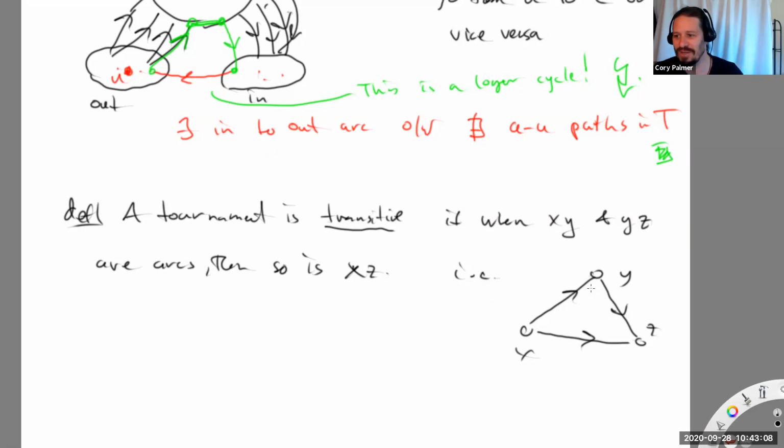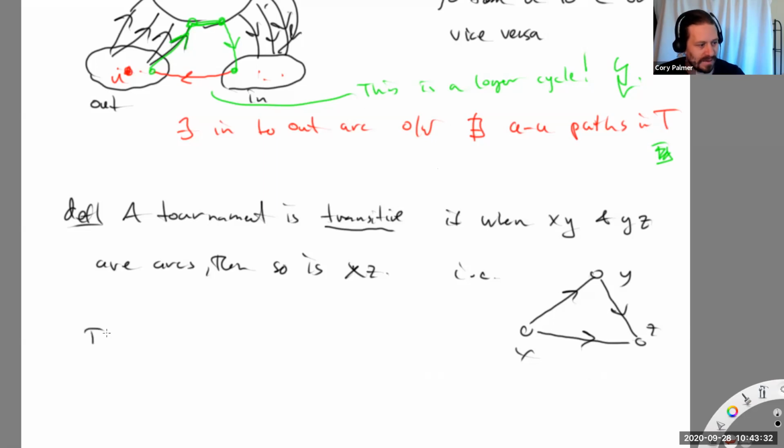But you have these situations that are undesirable. How do you say you're the champion if someone beat you and the someone who beat that guy, you beat? Then you have this circle, right? But in a transitive tournament, if I beat A and A beat B, then I also must have beaten B, right? That's the situation we hope for, which basically never happens, but that's a transitive property. So those are tournaments we're very interested in.